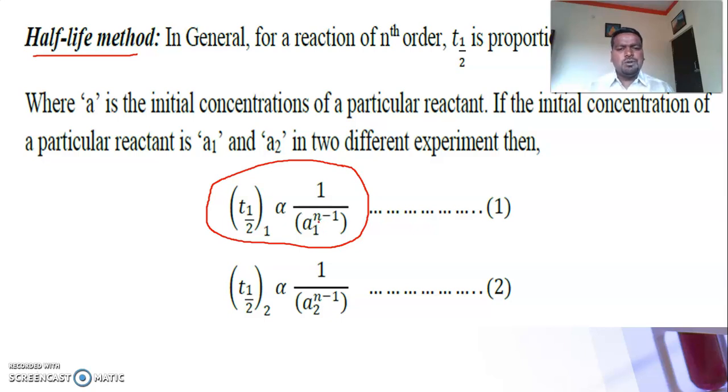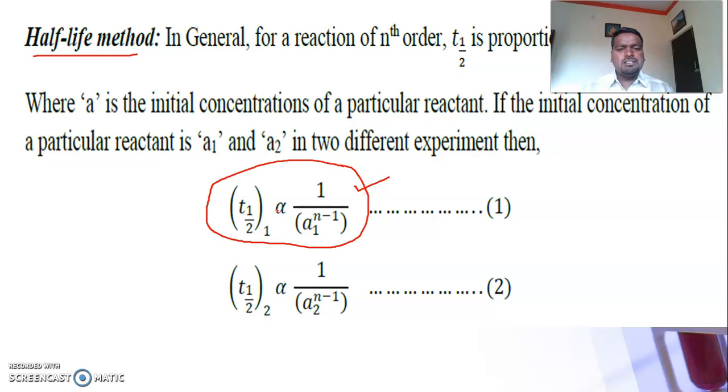If you substitute, for example, n is equal to 1 here, what are you going to get? This is a general mathematical expression for the half-life period of all the different order reactions.